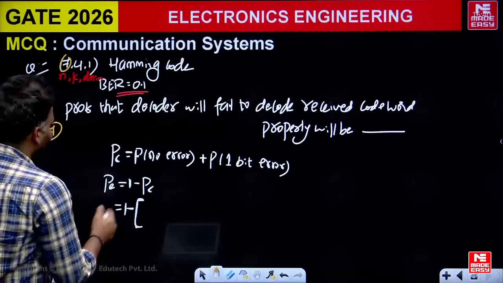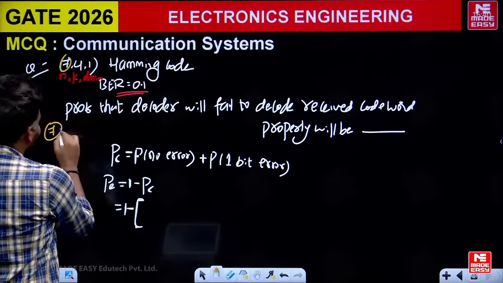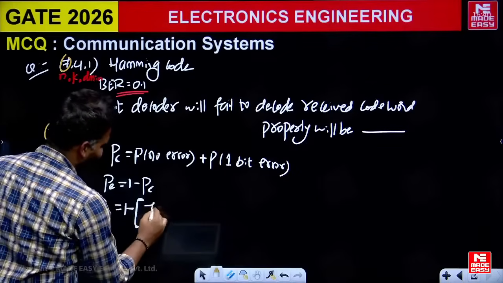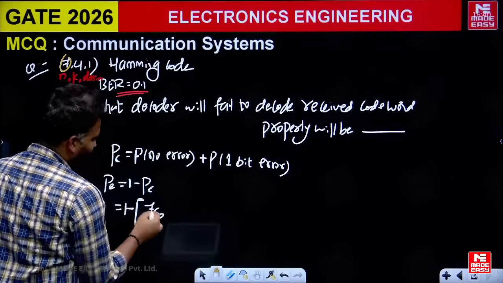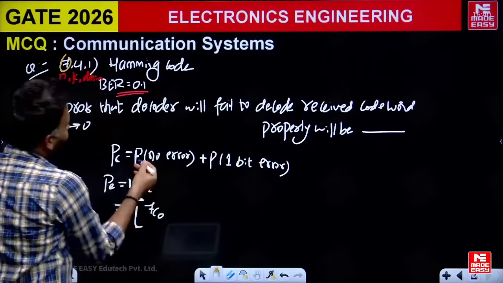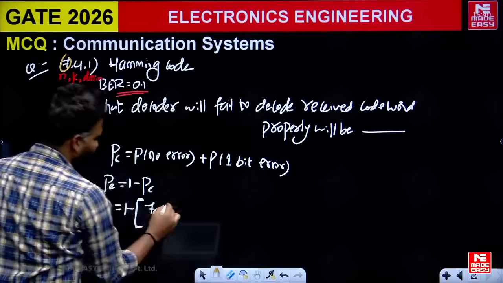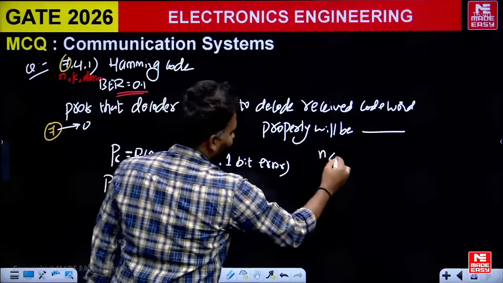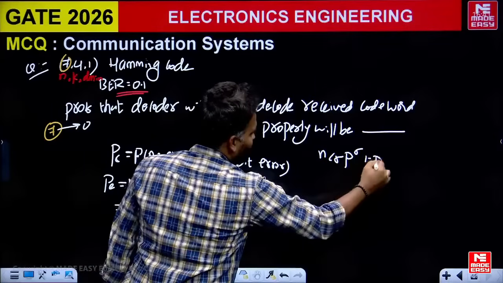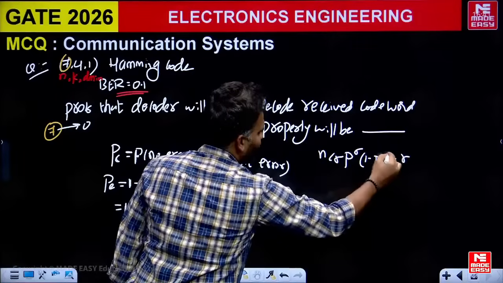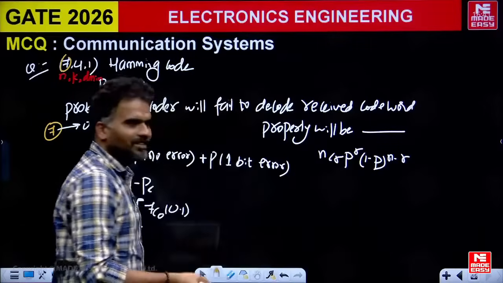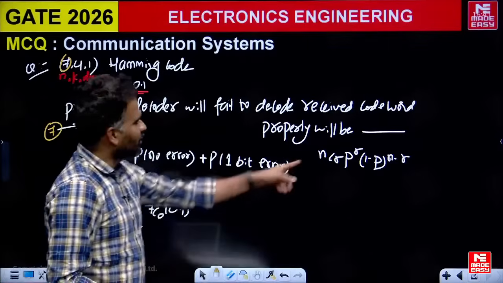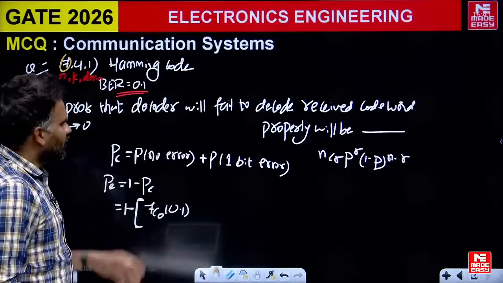Here 7 bits are transmitted, and the probability of 0 errors is 7C0, p^0, where p is the bit error rate, 0.1.